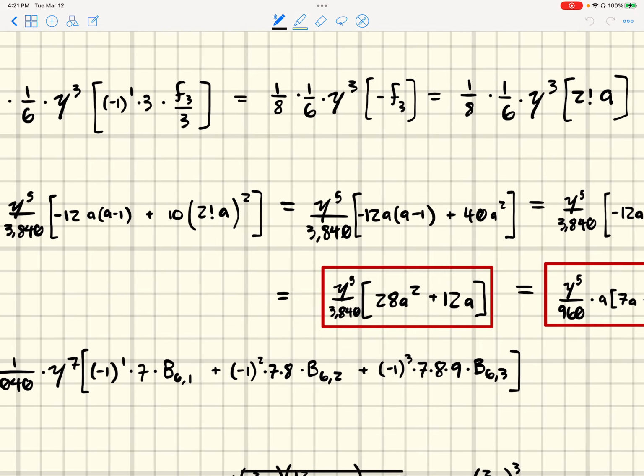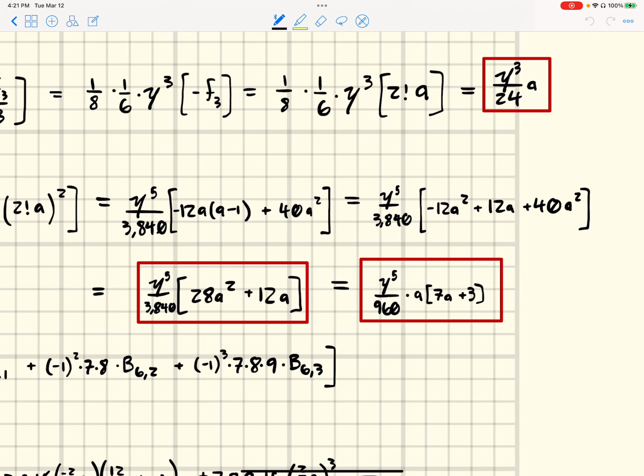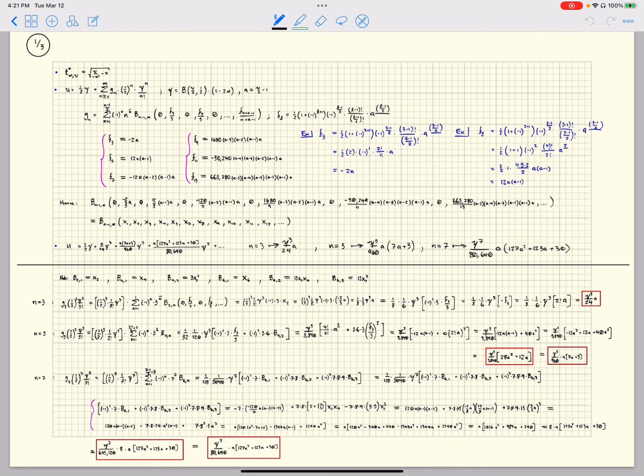You can see it all works out in the end. At the end, you get a coefficient multiplying a polynomial in A terms. Usually there's a number that factors out. In this case, that number is 4, which gives you the coefficients 7 and 3, matching what we got with the Dominici expansion.